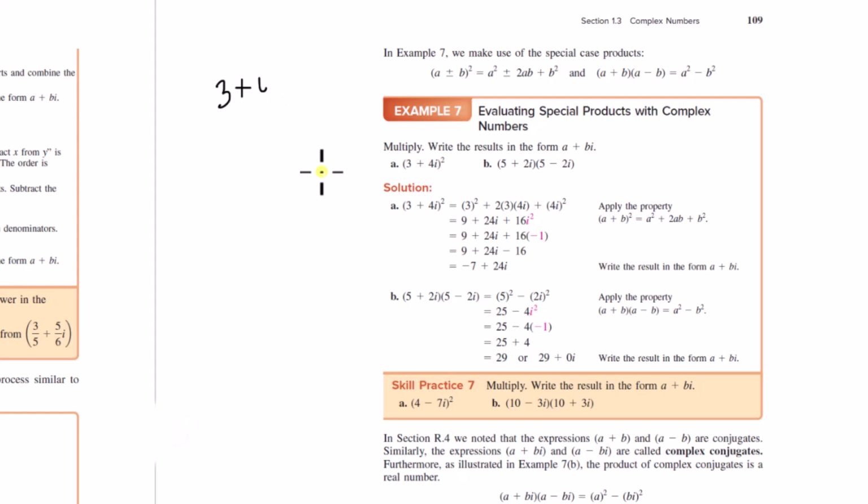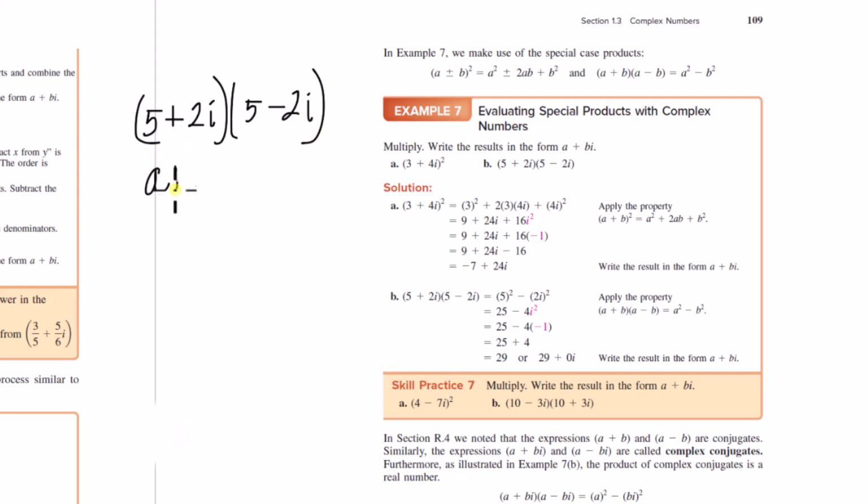Okay, but now what's interesting is here we've got 5 plus 2i times 5 minus 2i. Well, what is this? This is the a plus b times a minus b, right? We're multiplying conjugates. In this case, we're going to end up calling these complex conjugates. Now, it's not just conjugates; it's complex numbers that are conjugates.